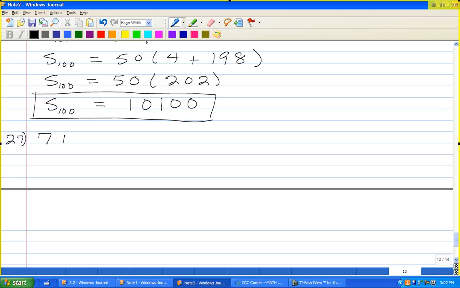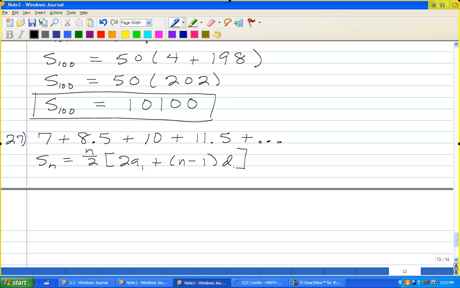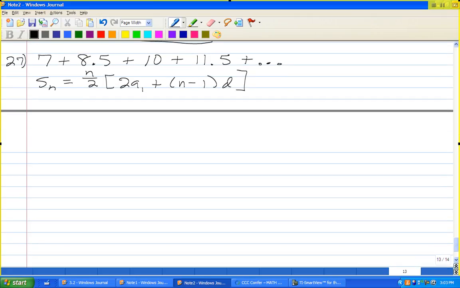27. Seven plus 8.5 plus 10 plus 11.5. Okay, so again, notice that this is an arithmetic series since I keep adding 1.5 to get to the next term. And so S of n is equal to n over 2. I do not know the last term, so I'll use this form, 2a1 plus n minus 1 d. So I want to add up the first 100 terms.